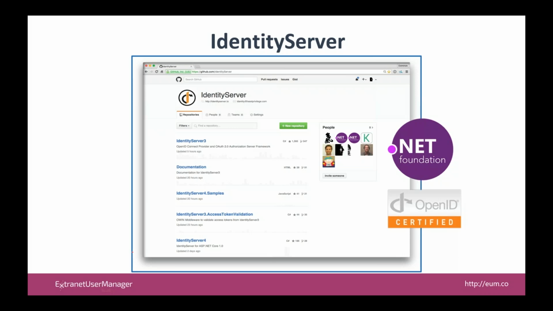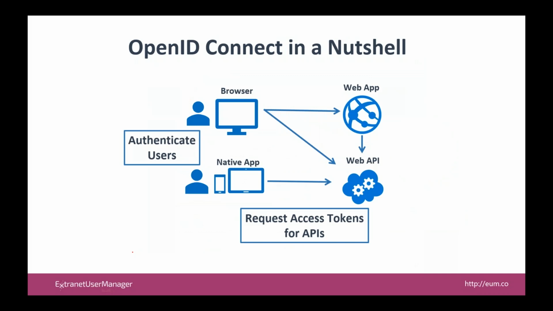It is certified, as I had mentioned, and we're also part of the .NET Foundation, which is Microsoft's endeavor to promote open source in the .NET ecosystem. And it turns out IdentityServer is being used by EUM under the covers to provide protocol support for their identity management offering.